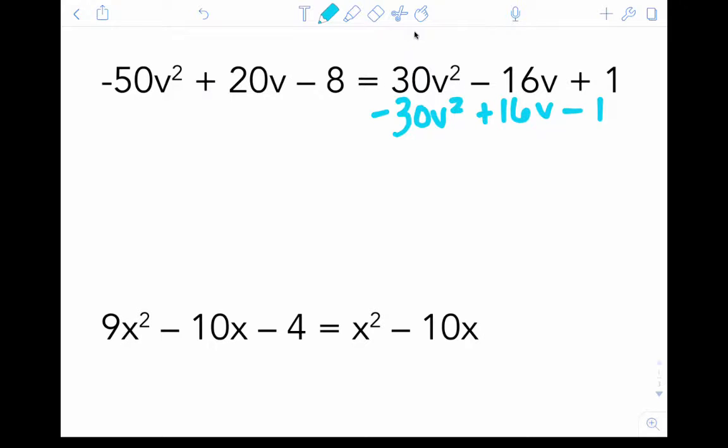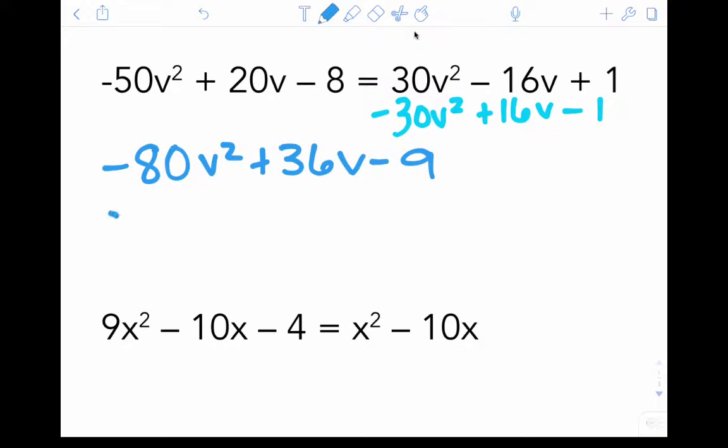When I do this, I get negative 50v squared minus 30v squared, which is negative 80v squared. I have 20v plus 16v, which is 36v, and negative 8 minus 1, which is negative 9. So my a is negative 80, my b is 36, and my c is negative 9.